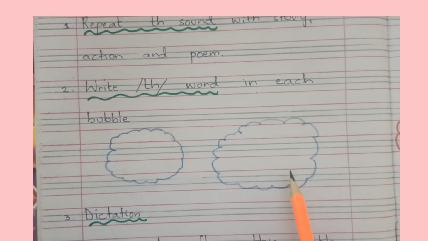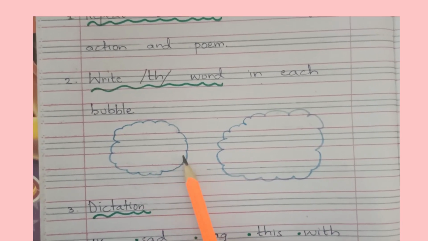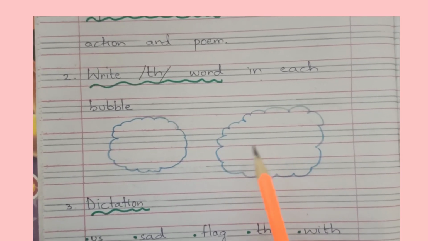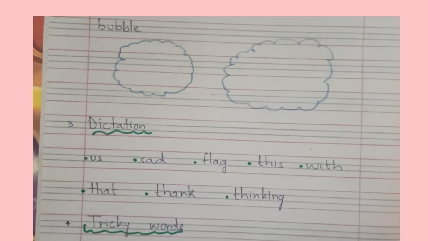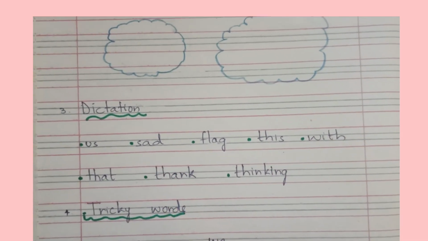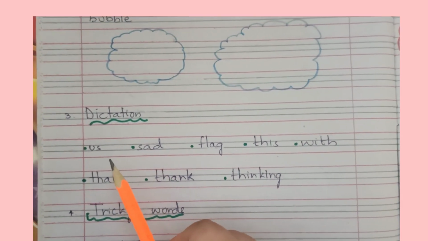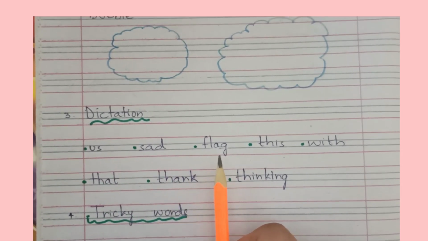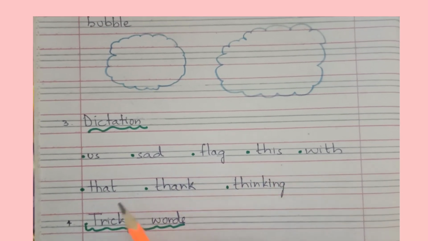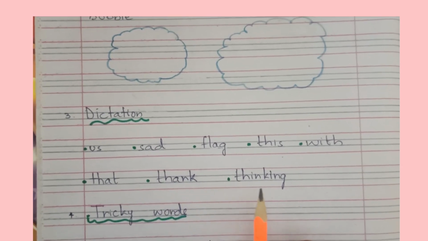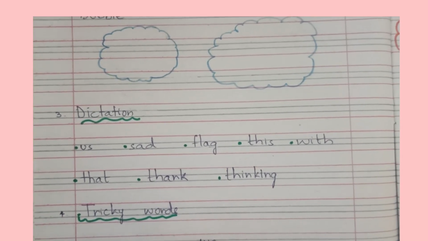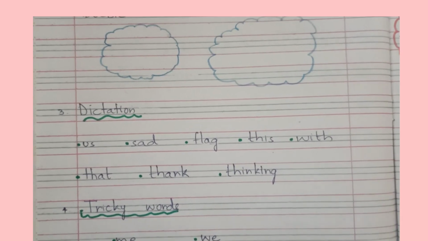Ask them to write some words, for example, this, etc. Here is a list of dictation words and some tricky words: us, sad, flag, this, with, that, thank, thanking. Tricky words: me and we.